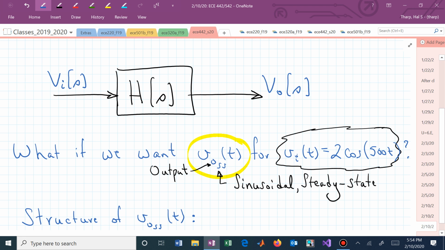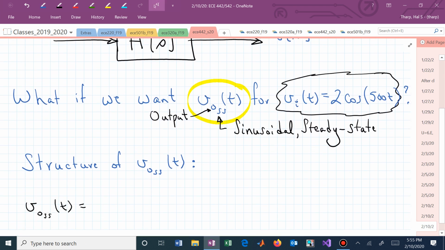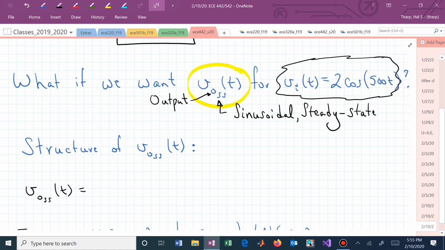And how long do we have to wait for those transients to disappear? 2 days, 3 weeks, a month, 5 tau, 5 time constants. You find your slowest pole, determine its time constant, and say, oh, I need to wait 5 of those, and after that, I'm in steady state. The O is now output. The SS is sinusoidal steady state. What's the structure of that output? Do you remember?